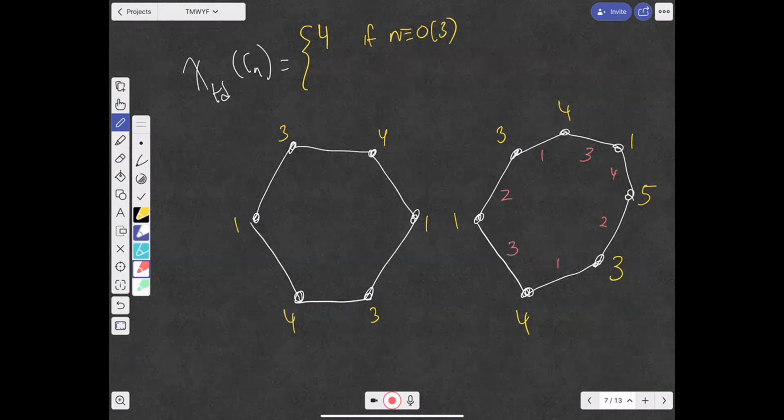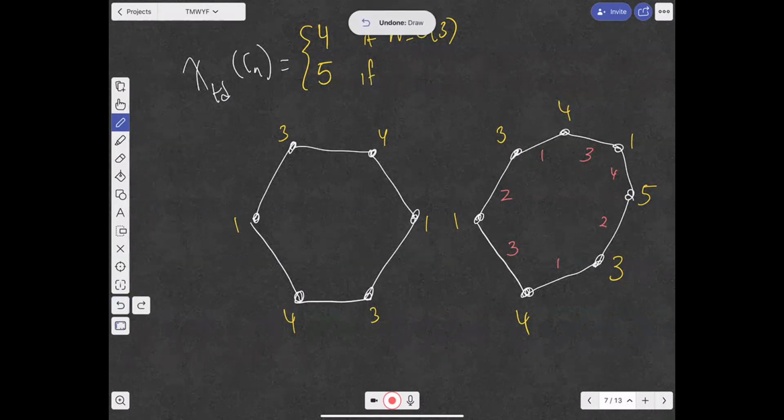And we can extend this because we can just throw in copies of 1, 3, 4 in between here, as long as this is 7, so 1 mod 3. And something similar should work for 2 mod 3. You might have to throw in 2 5s rather than just 1, but let's just say that we proved it because it's just a construction here otherwise.